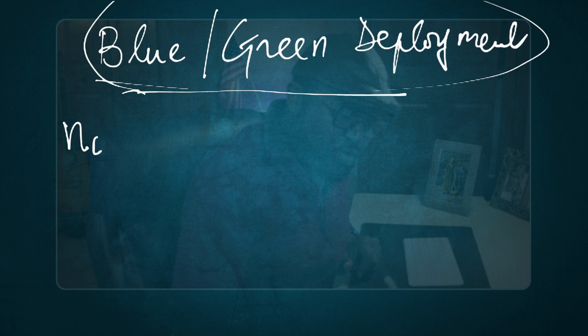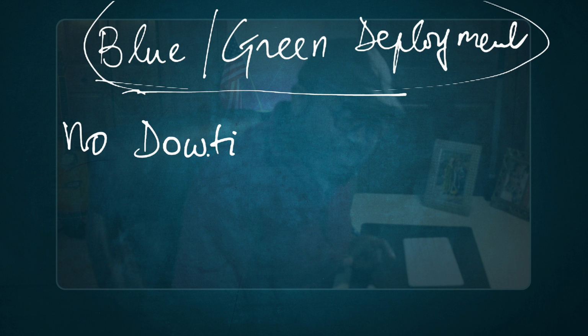But the point is, back to the blue-green deployment. You have everything set up, your application is up and running, your customers connect to your application, everybody is happy. Now you don't want to have any downtime.